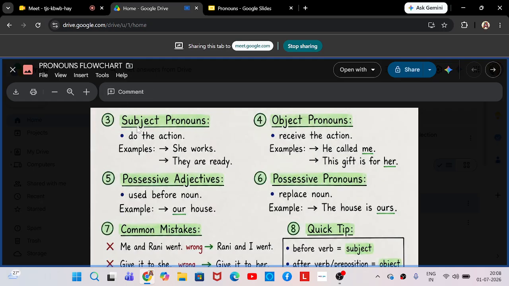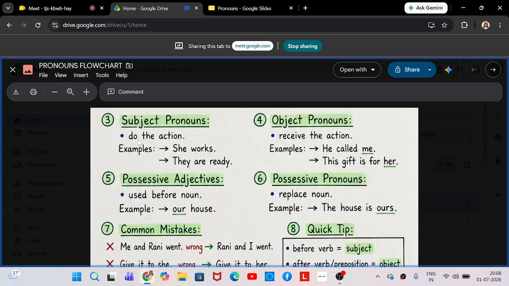So subject pronouns are those that do the action in a sentence. Those pronouns that come in the position of a subject are called subjective pronouns. For example, she works. Here, she is a pronoun that does the action called works.